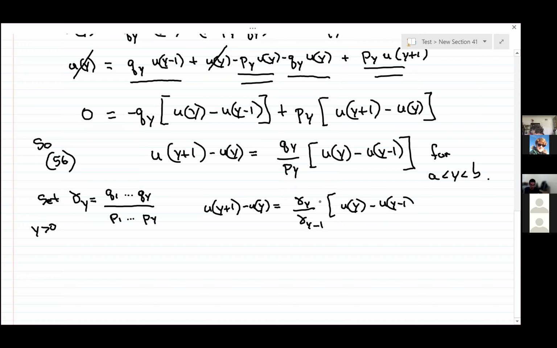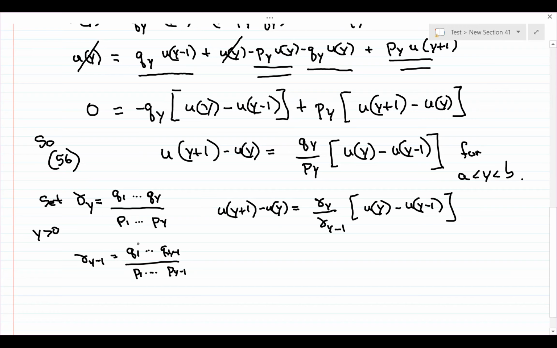Well, this gamma y is this. And if you looked at gamma y minus 1, it would look like the same product up to q sub y minus 1 and p sub 1 down to p sub y minus 1. And if you divide this guy by this one, all the q's will cancel and all the p's will cancel except for the last two, which gets you back to this.